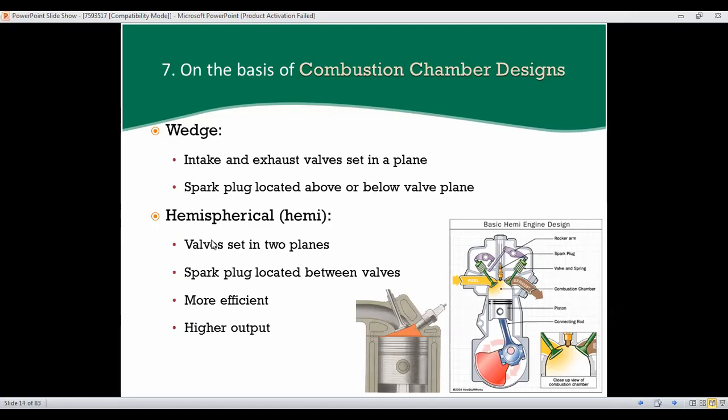Now what is the hemisphere? Valves are set in two planes, with the spark plug located between the two valves. It is more efficient in comparison to this and gives higher output, meaning we can get more efficiency or more output compared to the other type of combustion chamber.